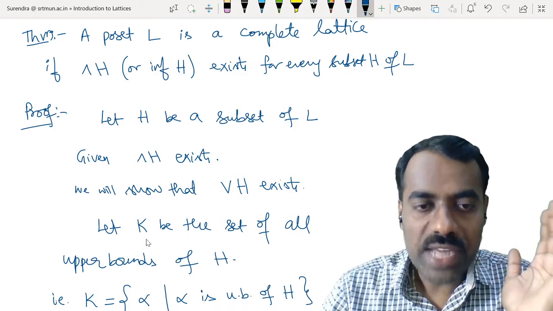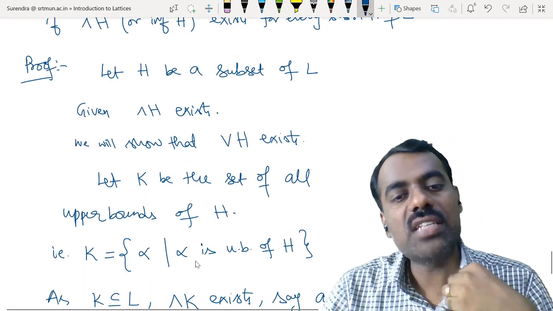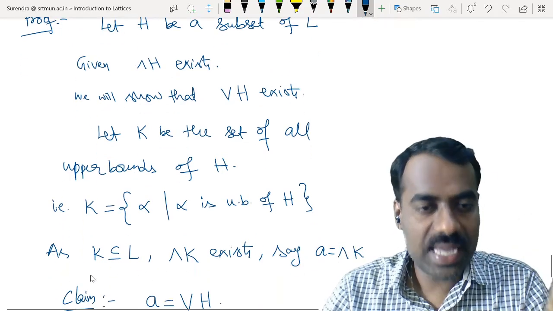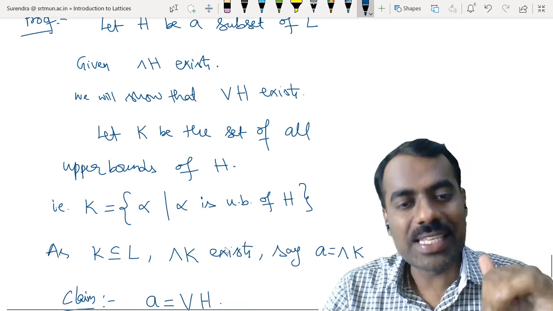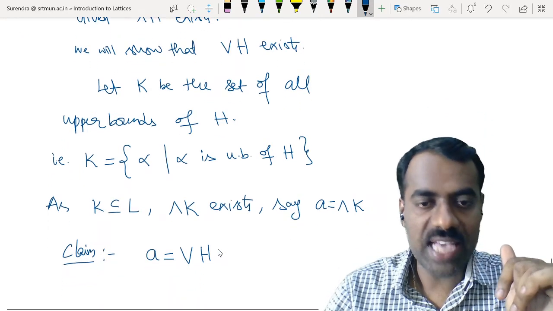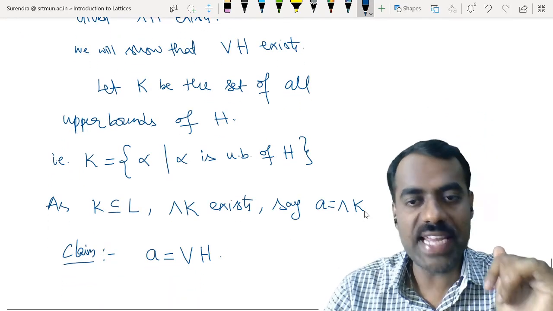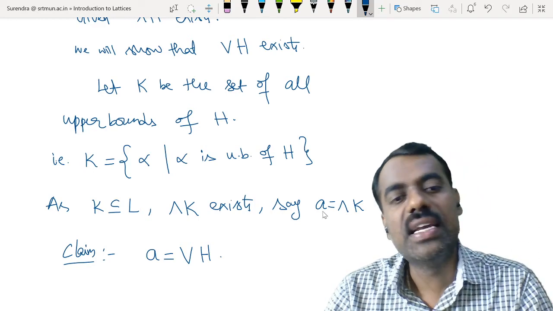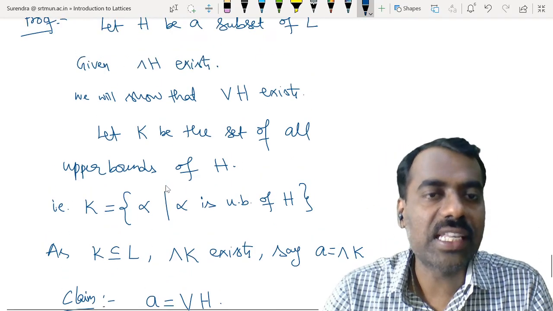So you take another set K which contains all upper bounds of this H. As it is a subset, the infimum exists for it. So the meet of K exists, you can call it A. Whatever meet exists for this will be the supremum of our H, right?